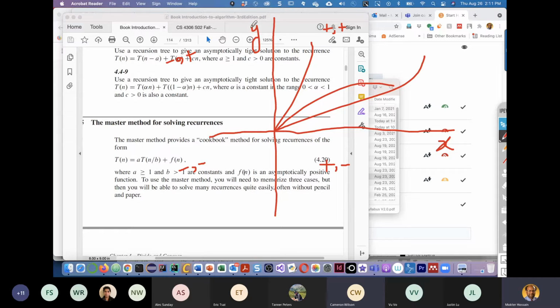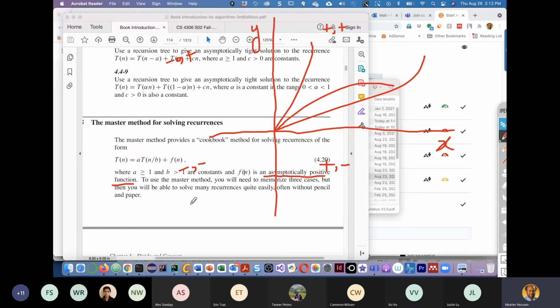This means an asymptotically positive function: in the far location, at infinity, it will still be in the first quadrant.